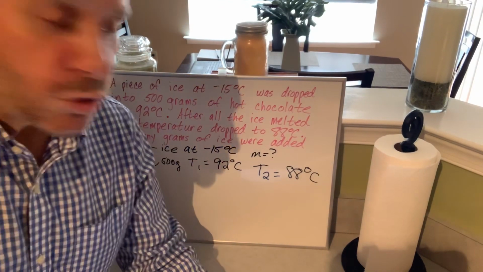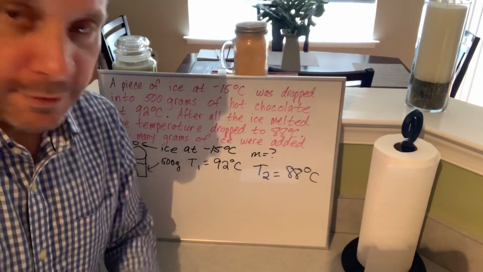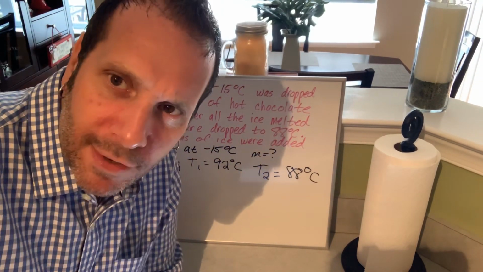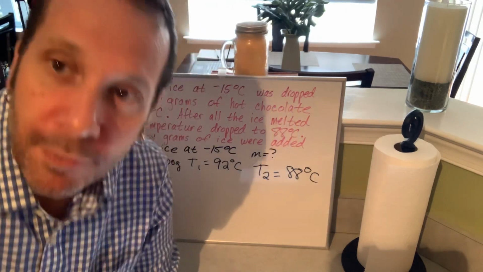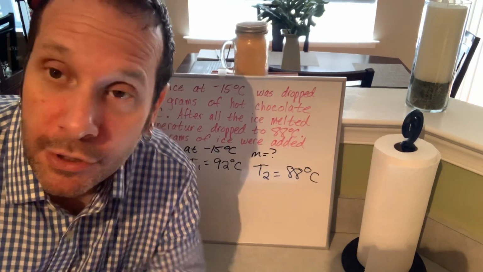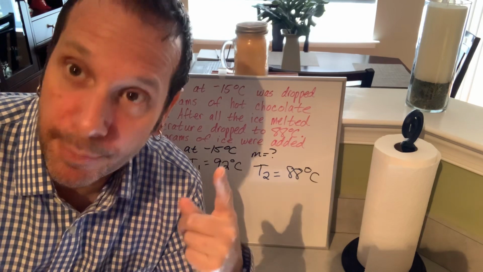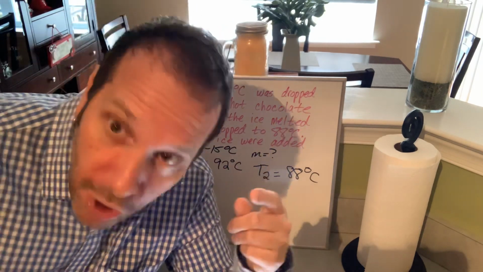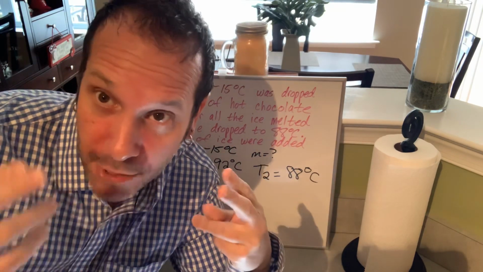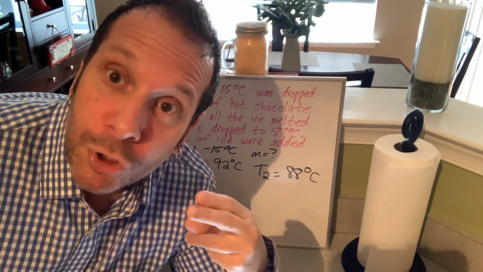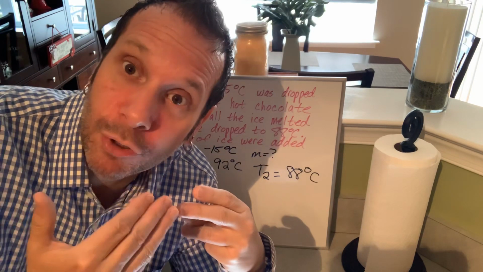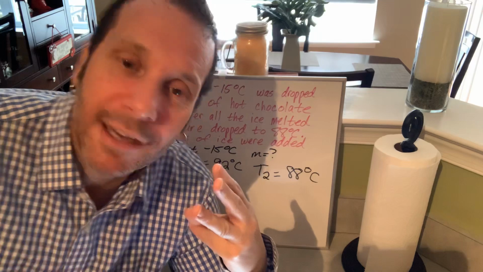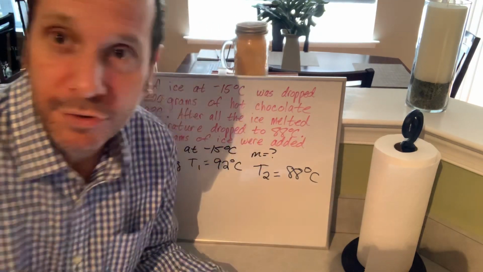Okay, so what we have there, kids, is 4 Q values. You have the Q value for the ice coming up in temperature. You have another Q value for all that ice melting. You have another Q value for that ice being cold water now and rising up to a temperature of 88 degrees Celsius.